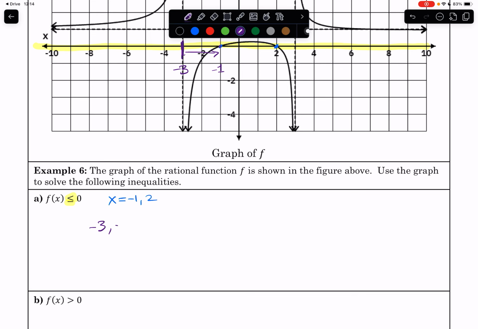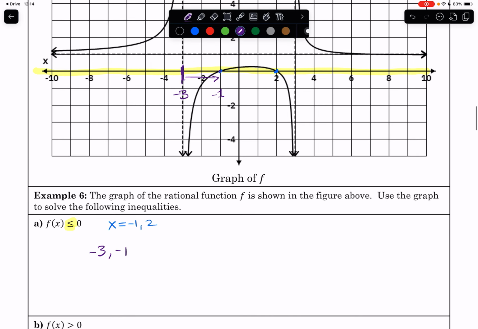So between -3 and -1. Where else are we below that yellow line? Well, right here. This portion of the graph is below that yellow line, in this little region right there, which goes from +2 all the way to this vertical line right here, which is at +3. So from +2 to +3.